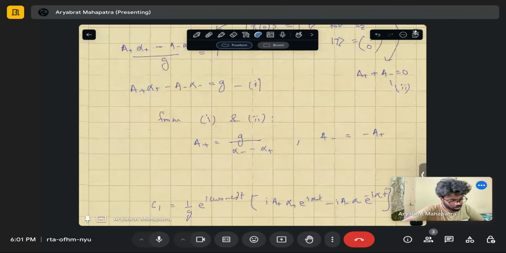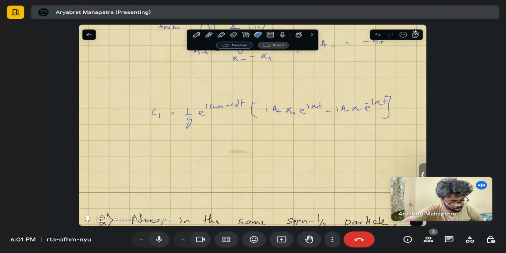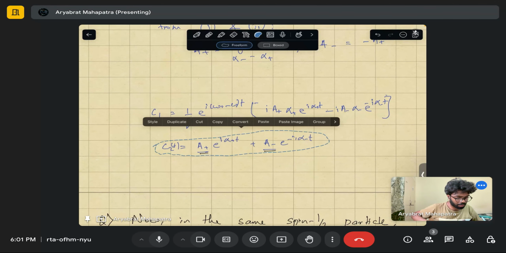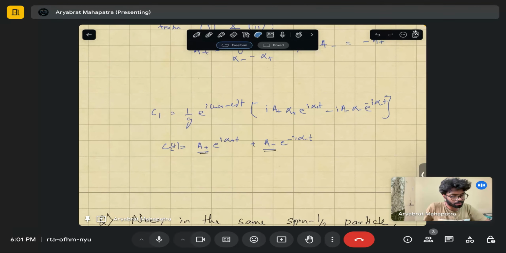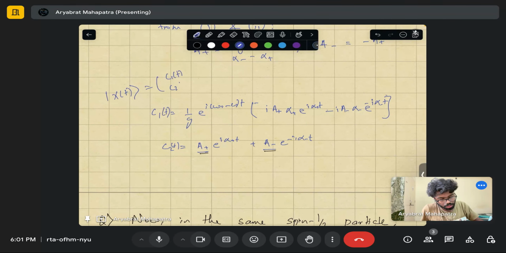So this is C2. You got A plus and A minus, you substitute them and you will get C1 of t and C2 of t. So that is what you need to calculate. So you got chi of t, what is C1 of t and C2 of t. So yeah, that is one.